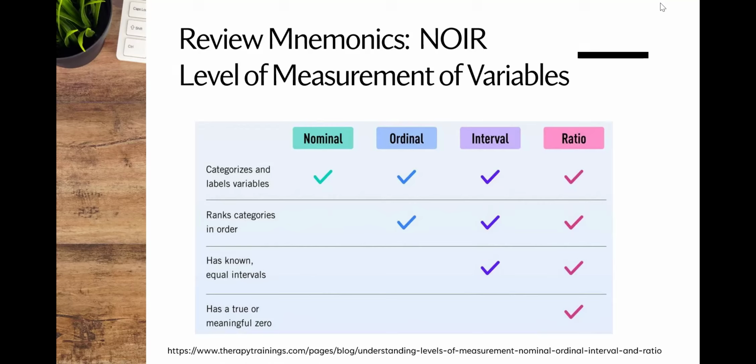What do we mean by that? A zero temperature does not mean absence of temperature. It means something on the scale where it's represented. But for ratio, where you have a true or meaningful zero in addition to all the other characteristics, it means that when you say zero, you actually mean zero.